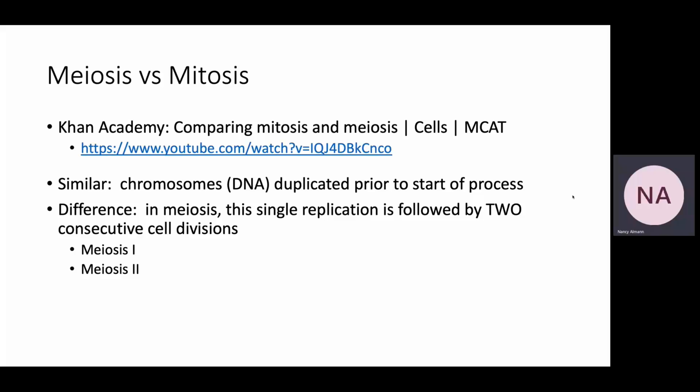They are similar in that the DNA is going to be duplicated before the whole process starts. The major difference is that in meiosis, there will be 2 consecutive cell divisions, conveniently known as meiosis 1 and meiosis 2.